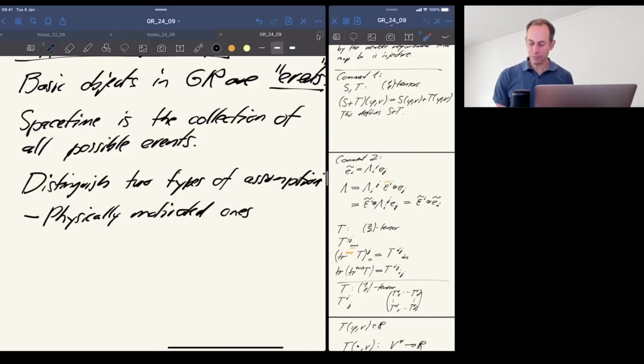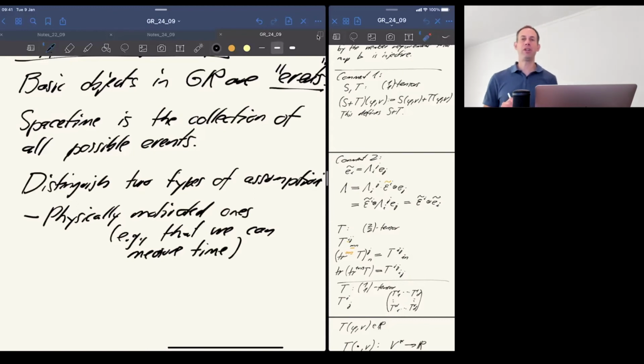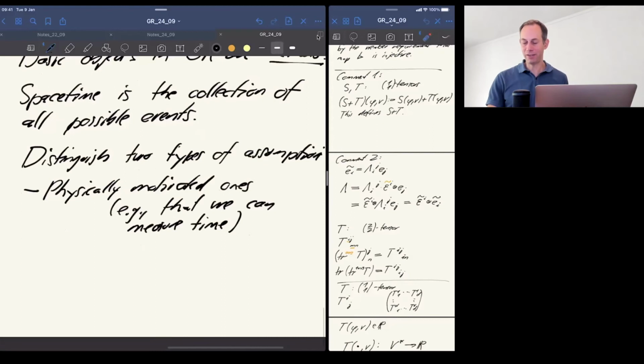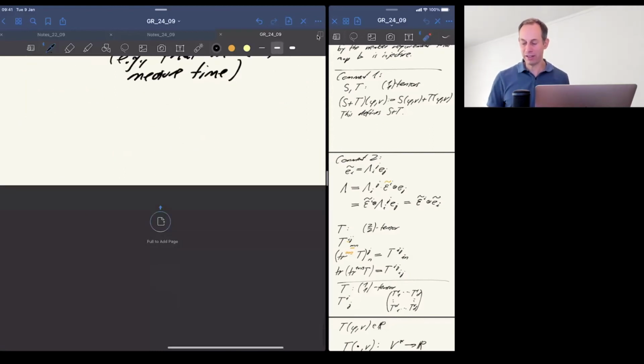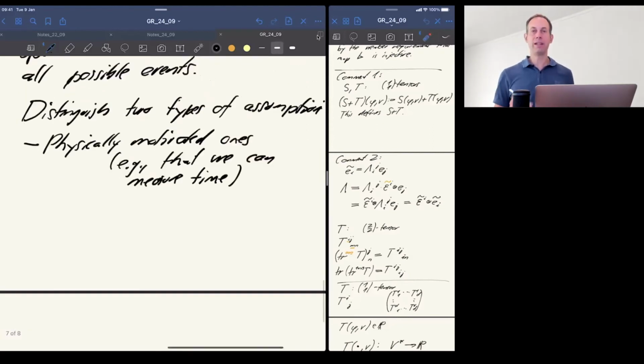So the example is that we can measure time. That's obviously something that should be reflected by the mathematical object. So far, I just told you space-time is a collection of points, of events, so there's no notion of measuring time. So we'll introduce structure that reflects the fact that we can measure time.